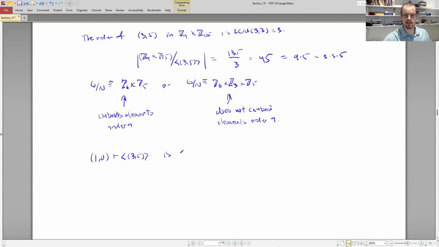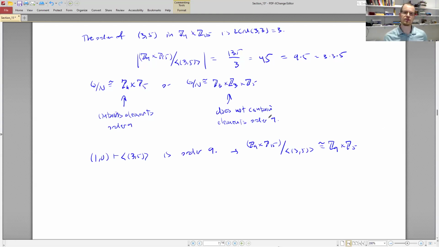I believe this is order 9. So if you're happy with this, this tells us that Z9 direct product with Z15 quotient by (3, 5) is isomorphic to Z9 direct product with Z5. Okay, so that's what we're looking for there.